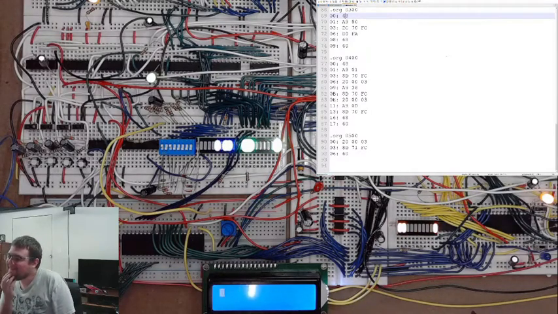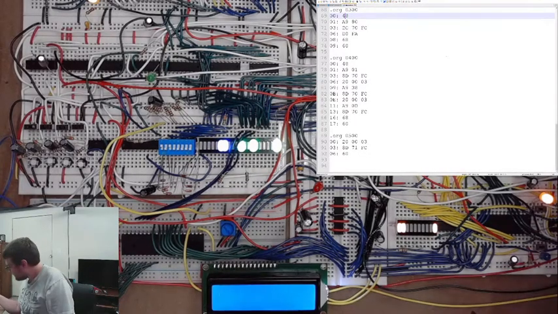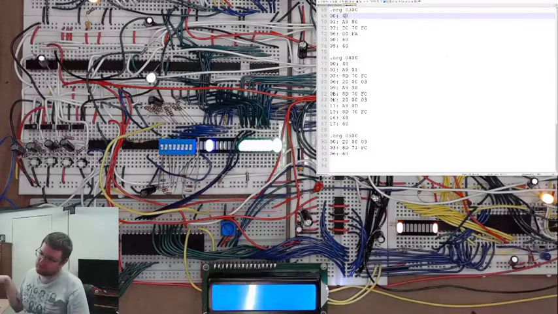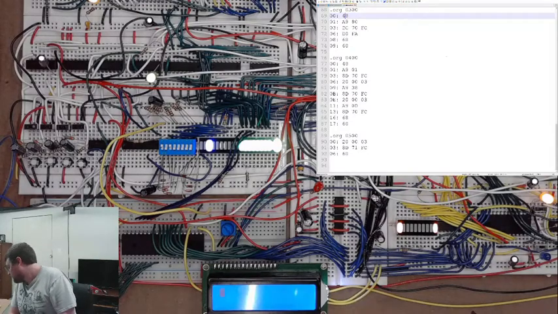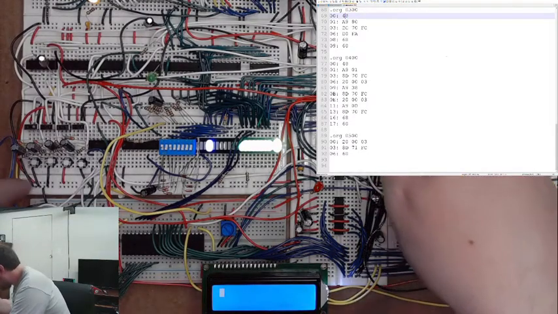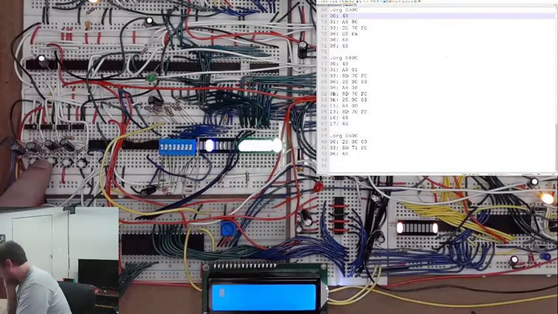Why? Why when I clock it with this clock, it does not work, but when I clock it with this clock, it works? Makes absolutely no sense. Anyways, hopefully I saved it this time before it wrote anything weird.